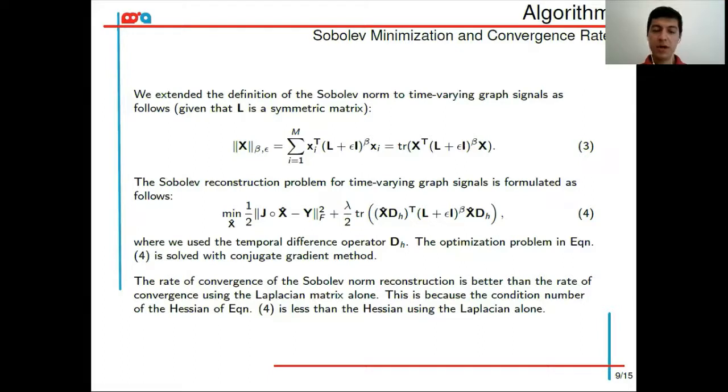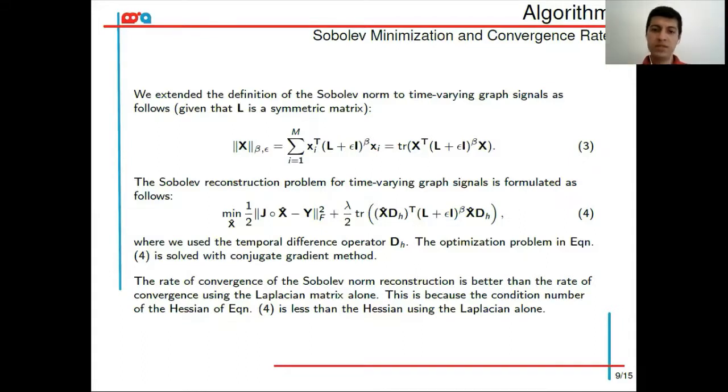Basically, we have the minimization of this first term, which is trying to reconstruct the graph signal as similar as possible to the samples that we have, where this circle is the Hadamard product between matrices.